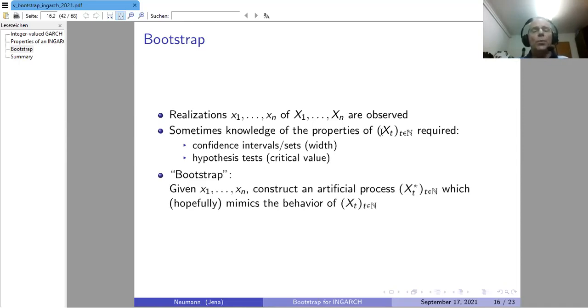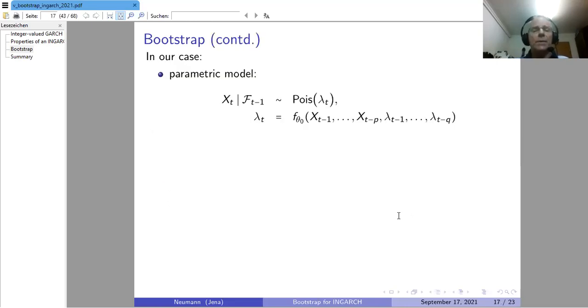The bootstrap offers a method to get some knowledge about these properties. Bootstrap means that given our original sample, we construct an artificial process, which I denote by Xt star. And we hope that this artificial process mimics the behavior of the original process.